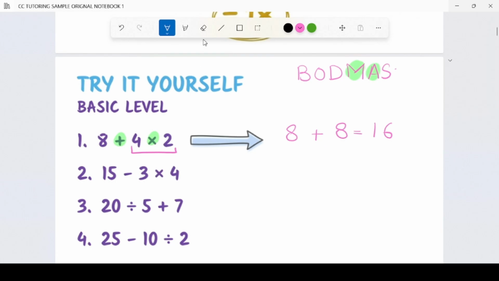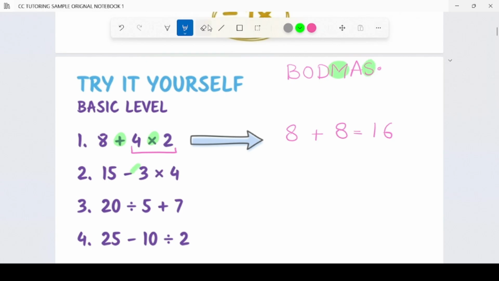We'll solve it. Let me just erase it, and I'm gonna write BODMAS again. Now in this case, if you have a look at it, multiplication comes first. There is multiplication and there is subtraction.